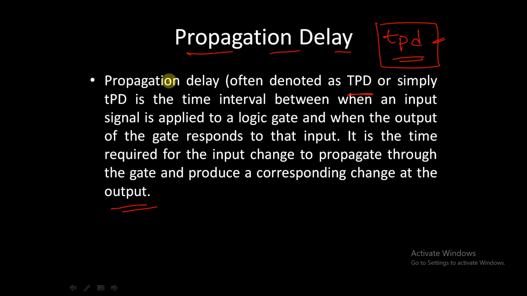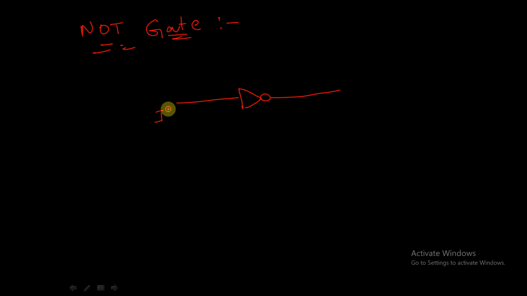Now let's see an example. Let's see a simple NOT gate. I hope you are familiar with this symbol of the NOT gate. This is the input and this is the output of our NOT gate.